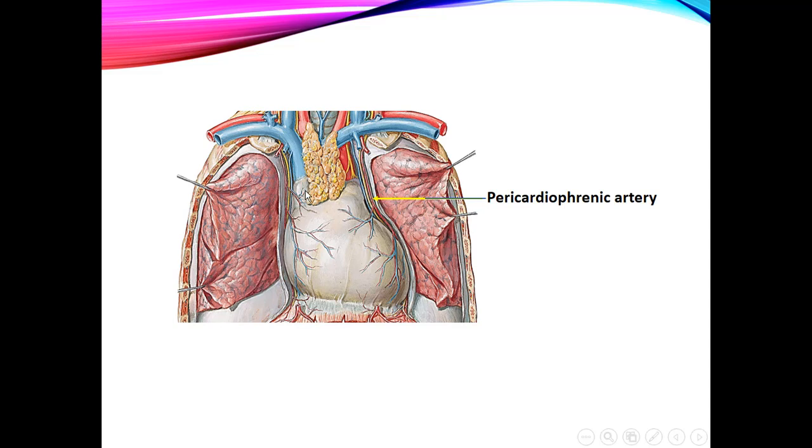As you see, the lower part of the thymus is located in front of the pericardium. Okay, so remember that the fibrous pericardium anteriorly is related to the sternum, costal cartilages, pleura, and lower part of the thymus.